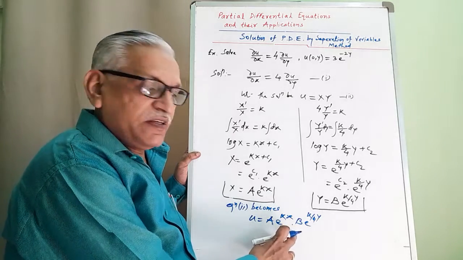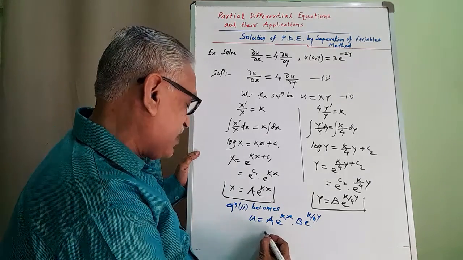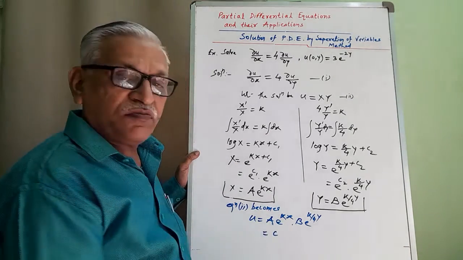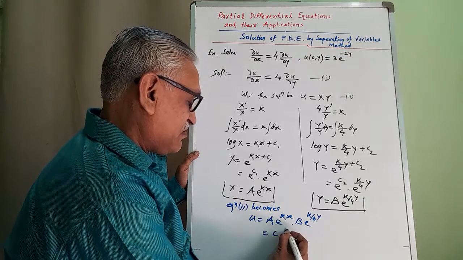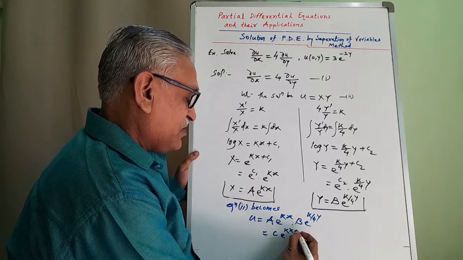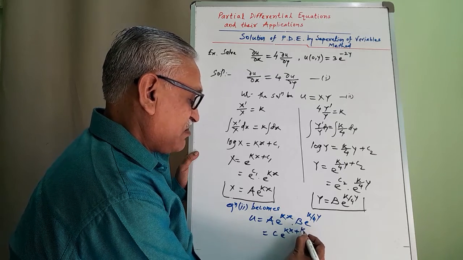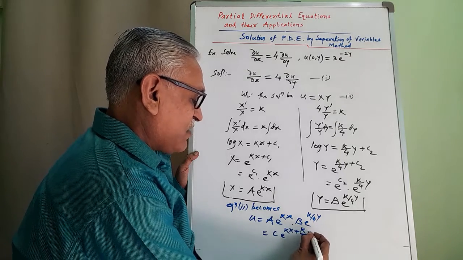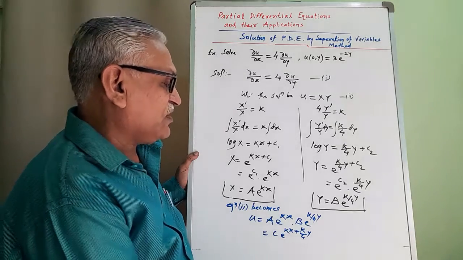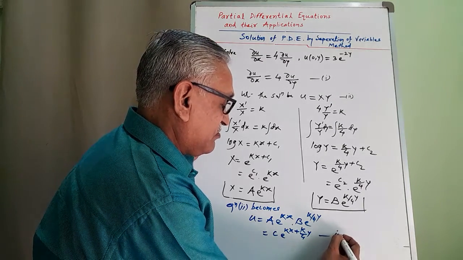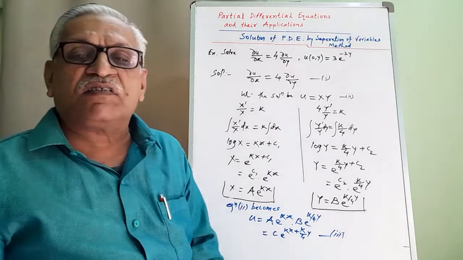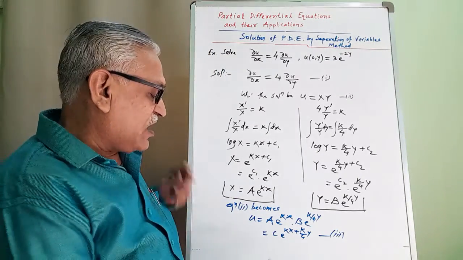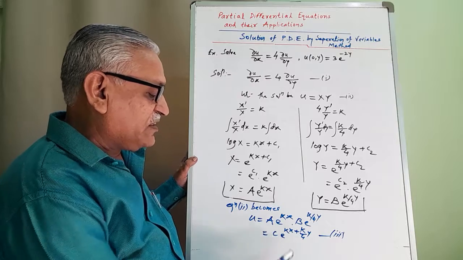A into B is some new constant, which we can call C, so u = C e^(kx + (k/4)y), and we call this equation 3. Therefore, this is the required solution with arbitrary constants C and k.